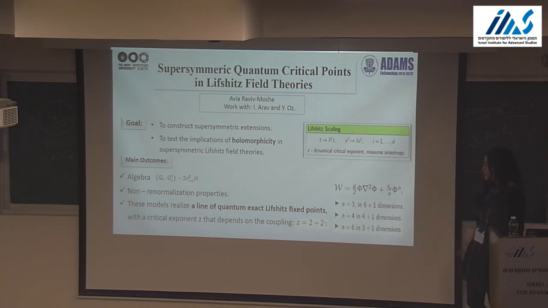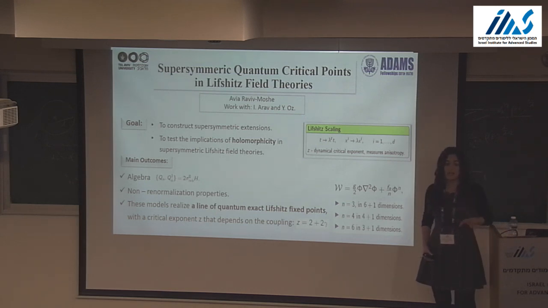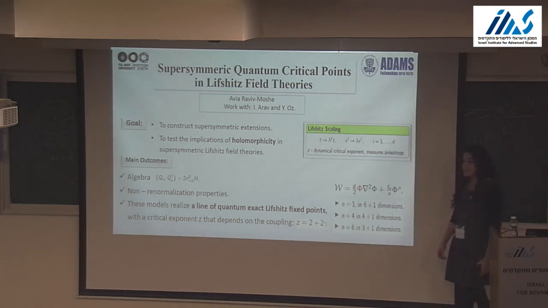And third, and most interestingly, we found that these models, for various choices of spacetime dimensions and of marginal supersymmetric interactions, realize a line of quantum critical points in which the system possesses an exact Lifshitz scaling symmetry, with a dynamical critical exponent that depends on the coupling constant. It is given by this relation, z equals 2 plus 2 gamma, where gamma is the anomalous dimension of the chiral superfield. But the system has an exact Lifshitz scaling symmetry.